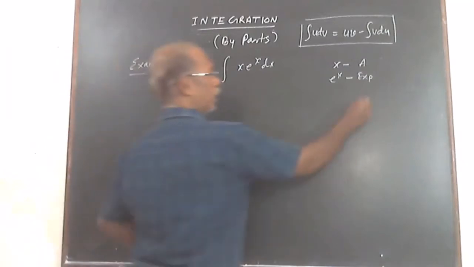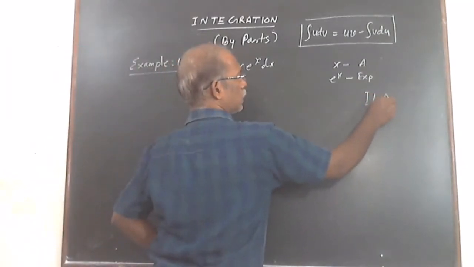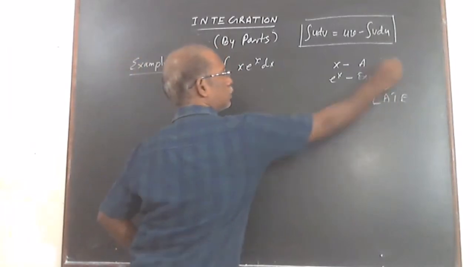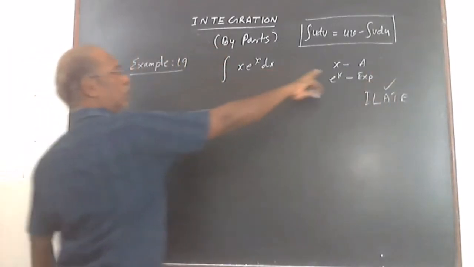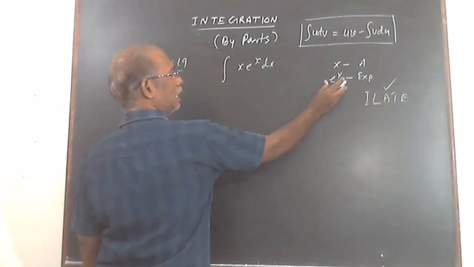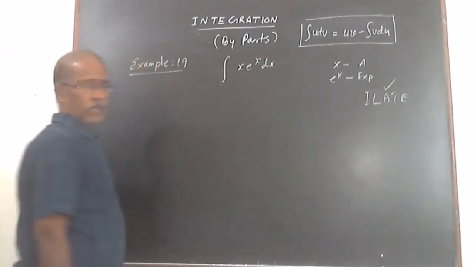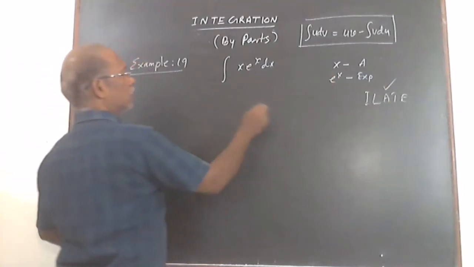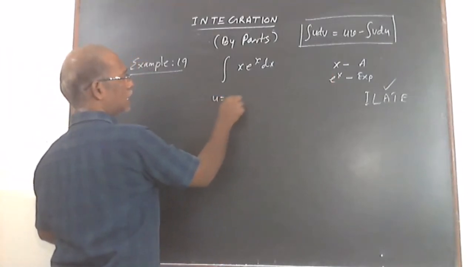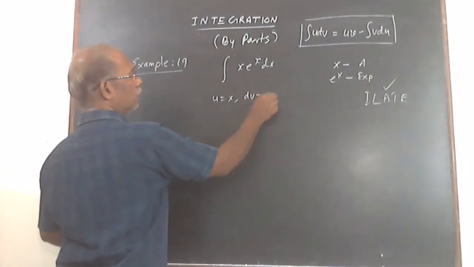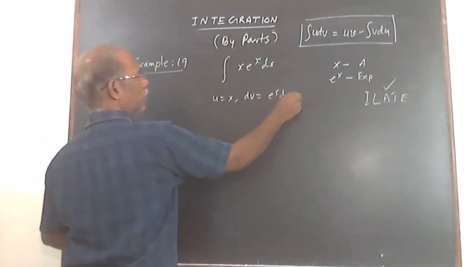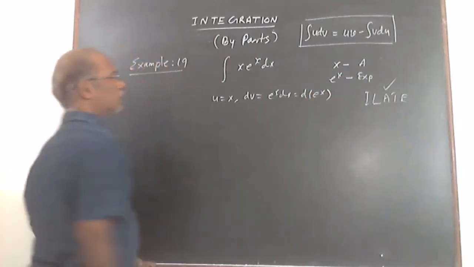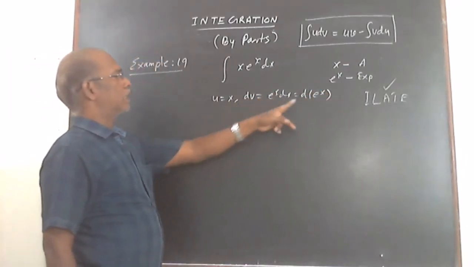So in the order of ILATE, A comes first. So u equals x and dv equals e power x dx. That means v equals e power x. Here u equals x, dv equals e power x dx, which will be written as d of e power x.